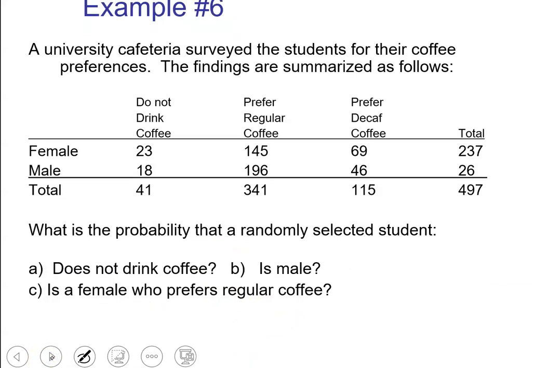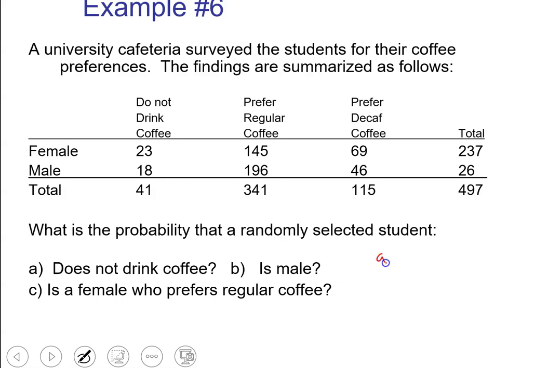So here we have a nice table. It says a university cafeteria surveyed the students for their coffee preferences. The findings are summarized as follows. So again, female, male, who drinks coffee, who prefers regular coffee, who prefers decaf, and then all of our totals either at the bottom of the columns or over to the right-hand side of the rows. Let's talk about part A here.